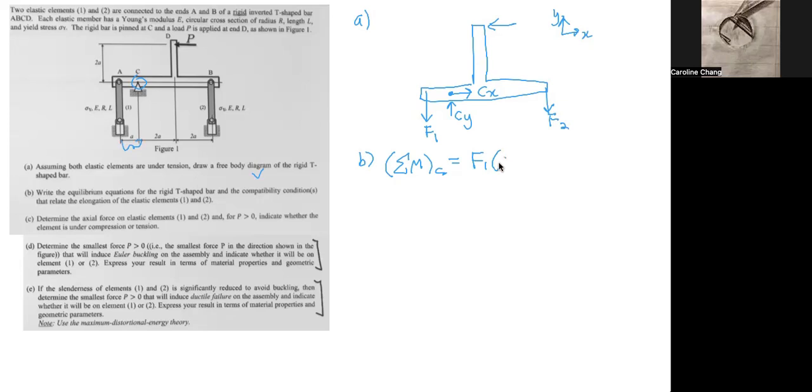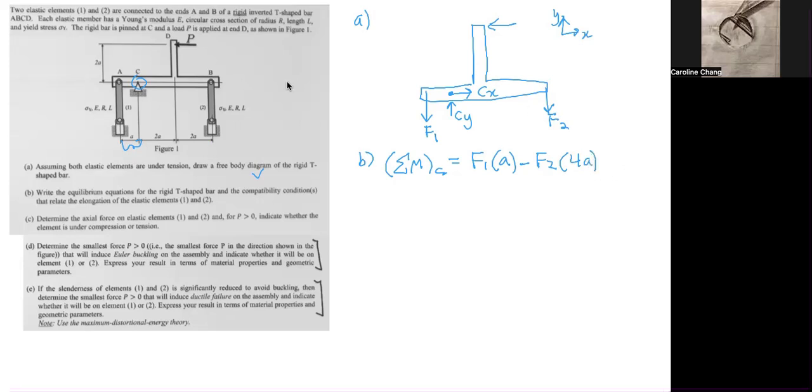So F1 times A. And then we have minus F2. Because F2 causes a clockwise rotation about C, minus F2 times the length of 4A from C, so times 4A.